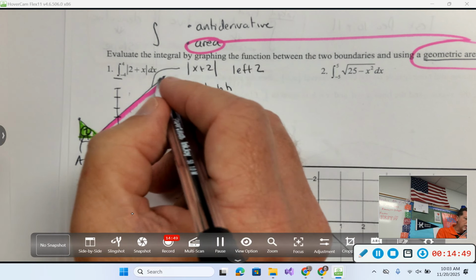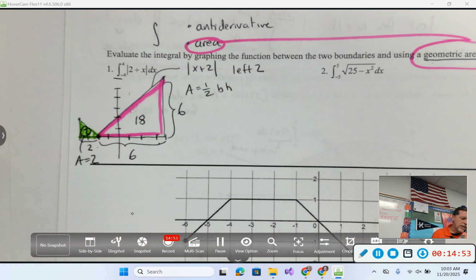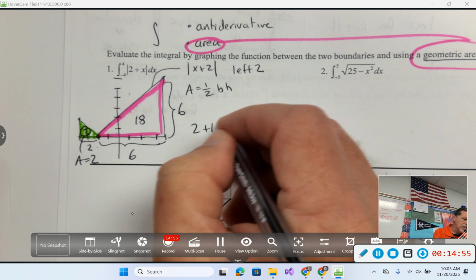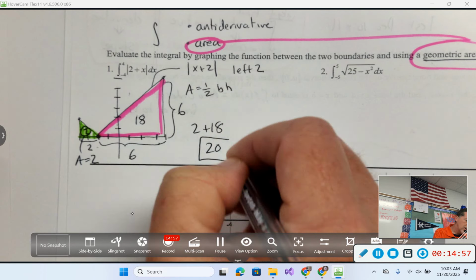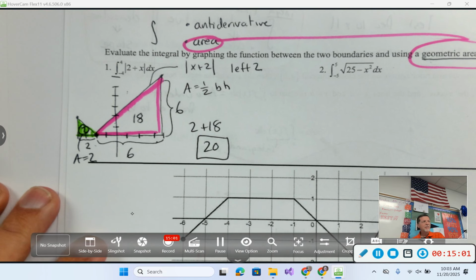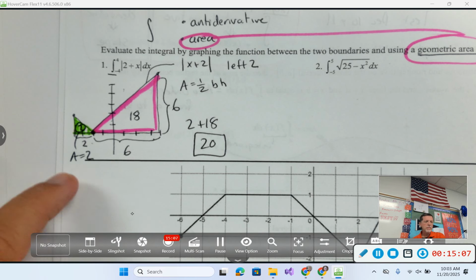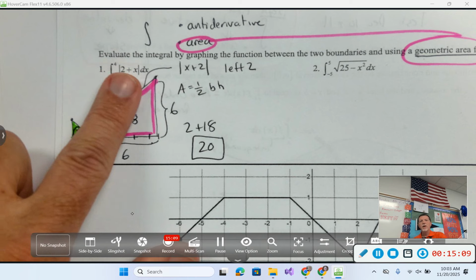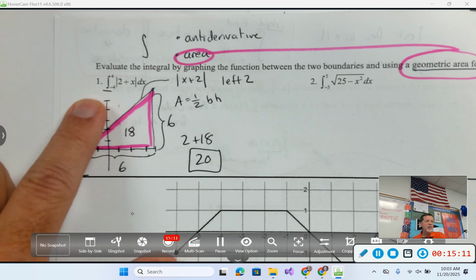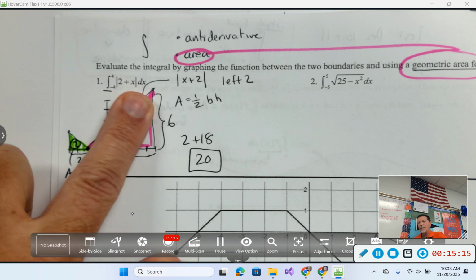Remember your geometry, that'd make a whole square, but we want half of the square. So 18. So the answer is 20. Not because I really did any calculus, but because I know geometry. The only calculus I did was just understanding that this means the area from -4 to 4 underneath that graph.